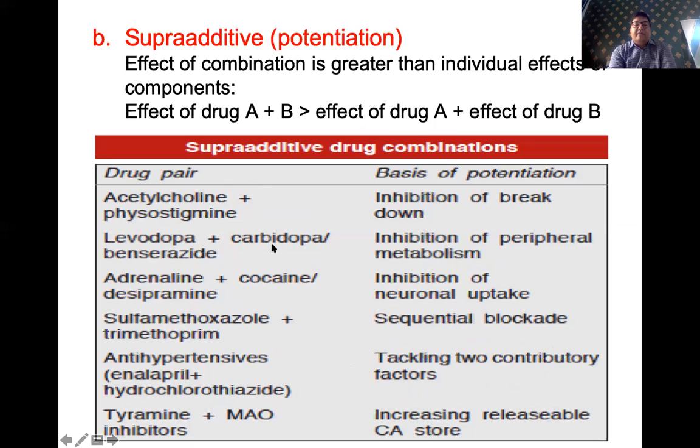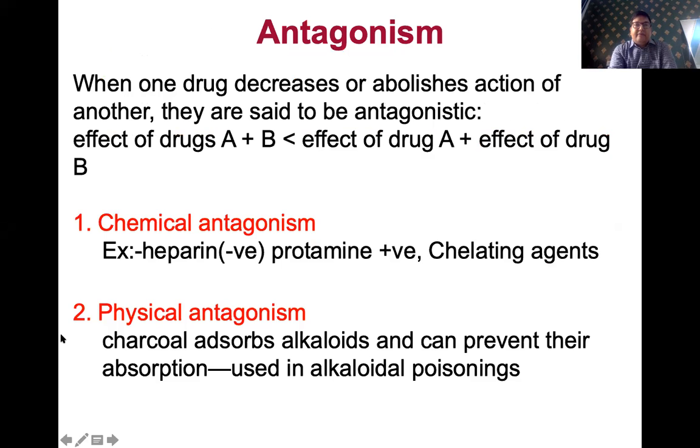Similarly, levodopa with the peripheral decarboxylase inhibitors such as carbidopa. Carbidopa will prevent the peripheral metabolism of levodopa, so the effect of levodopa will be potentiated. So these are other examples. So this is the supra-additive effect.